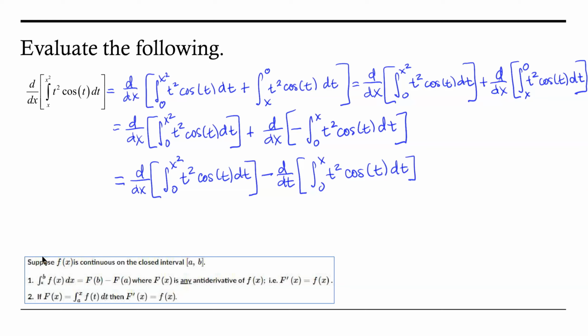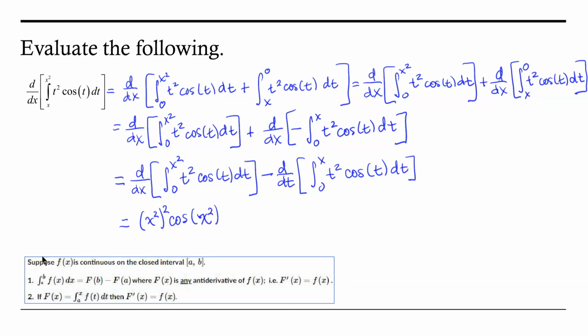If we're applying the Fundamental Theorem of Calculus, we would go ahead and substitute in that upper limit of integration for the variable in our integrand. So we would have something like x squared cosine of x squared.